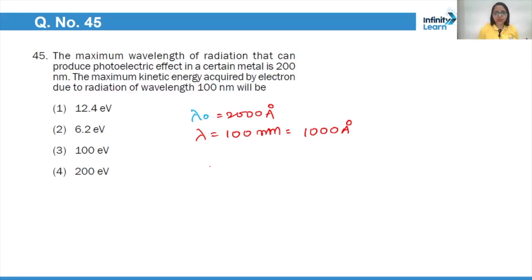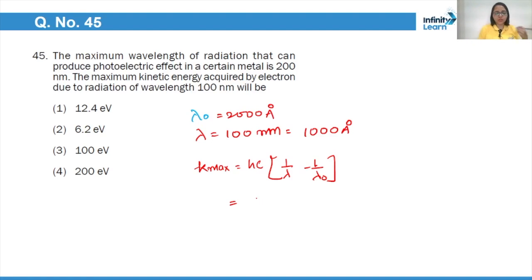So maximum kinetic energy over here, K max, is equal to hc into 1 upon lambda minus 1 upon lambda naught, right? So you can write this thing in angstrom.